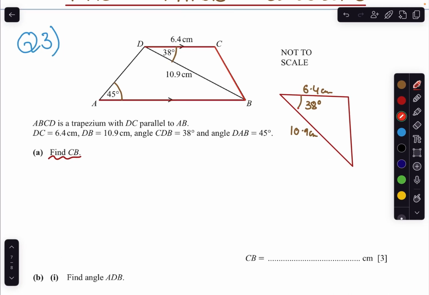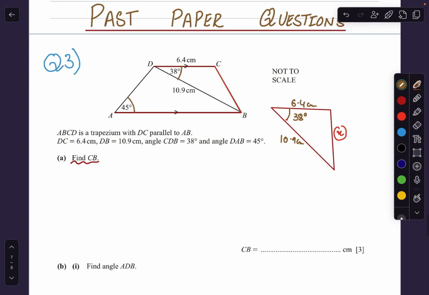What we are finding is the opposite side, which we can call x. In the cosine law we apply two sides and the included angle, so we can apply that here. So we'll apply the cosine rule: CB squared equals the square of the other two sides, DB squared plus DC squared.